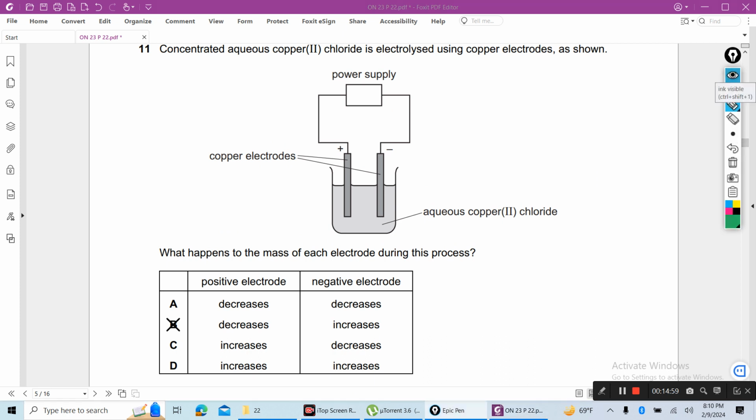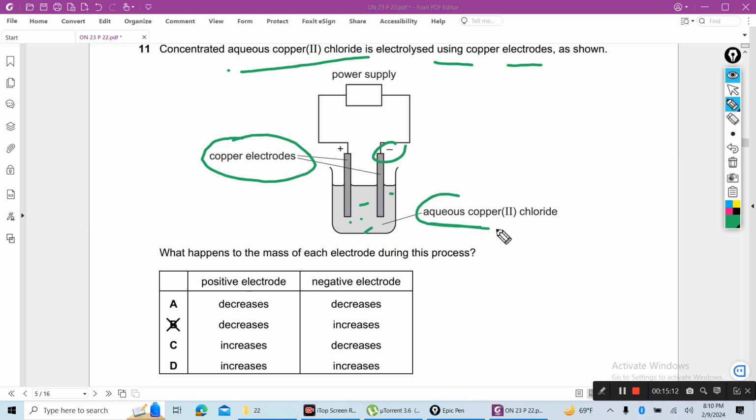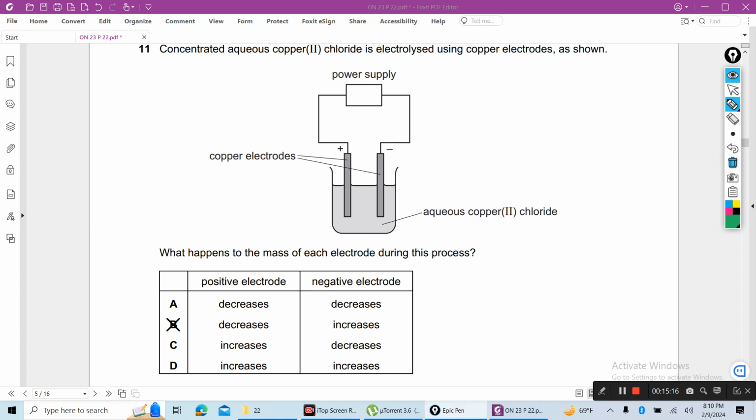Concentrated aqueous copper(II) chloride is electrolyzed using copper electrodes. So this is the positive electrode, the anode, this is the negative electrode, the cathode, and the electrolyte is aqueous copper(II) chloride. What happens to the mass of the electrode during this process?